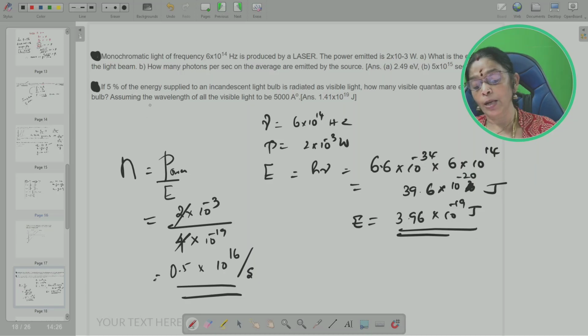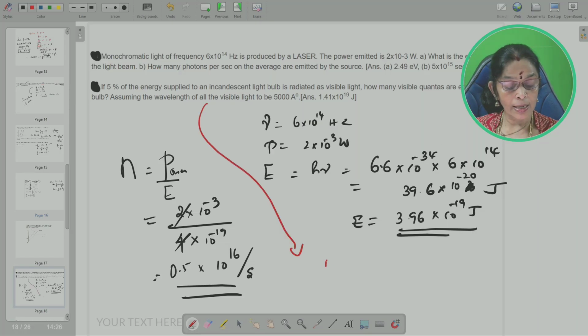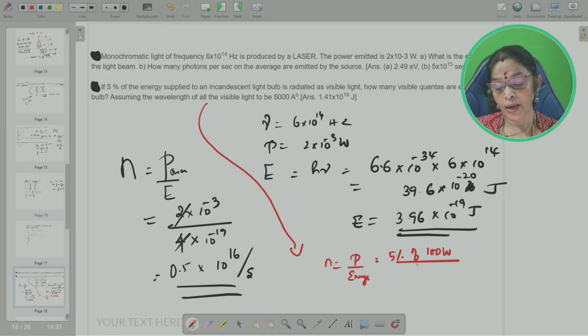In the last one, if 5% of the energy is supplied, how many visible quanta are emitted by 100 watt? So this is also number of photons per second that is asked. That is equal to power by energy. 5% of the power, 5% of 100 watt, divided by energy, which is nothing but hc by lambda. What is lambda? 5000 Angstrom.